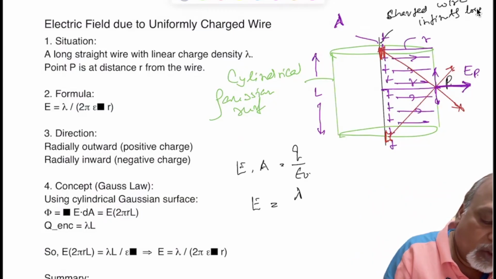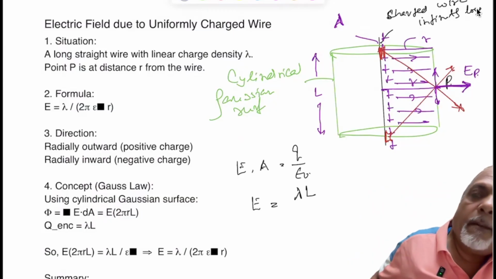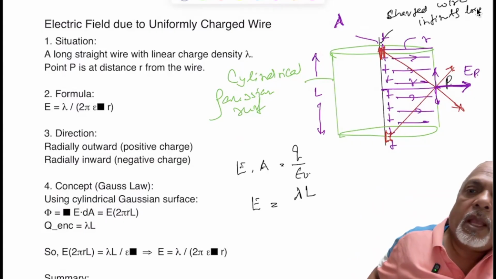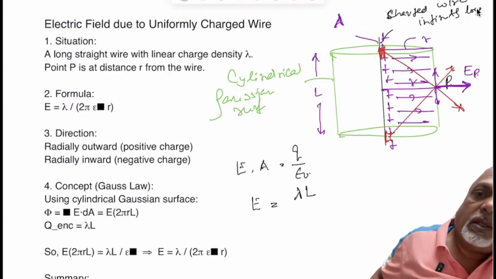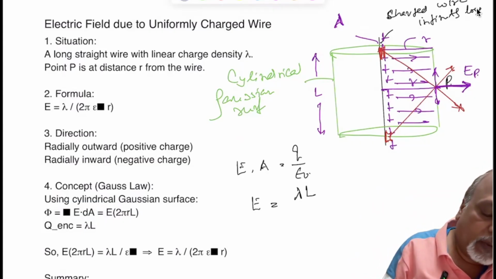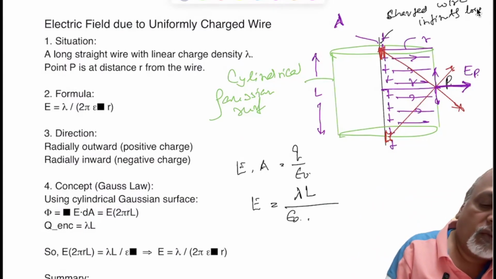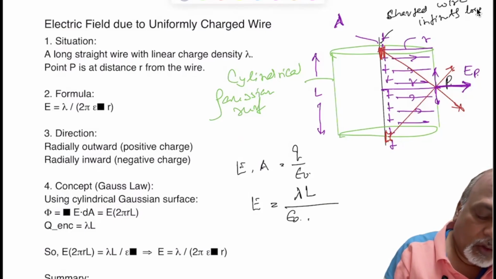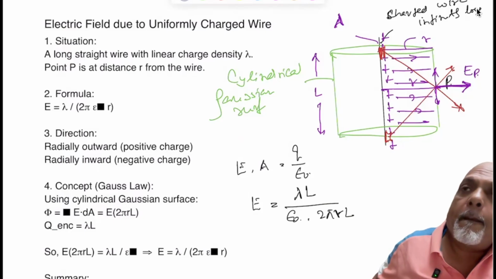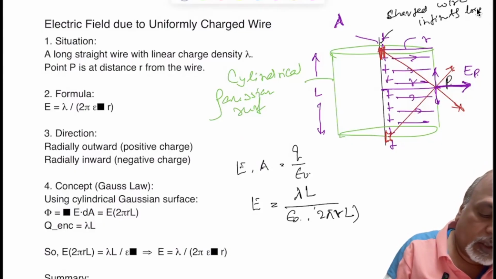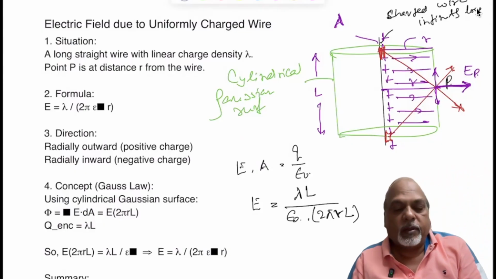Lambda into L will be the charge enclosed by this Gaussian surface, because only length L of the wire is inside the Gaussian surface, divided by epsilon 0. Now what is A? A is 2 pi r L, the surface area of the Gaussian surface.